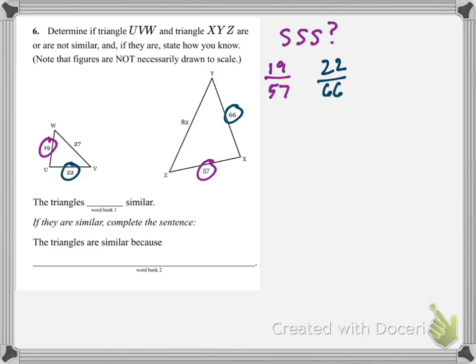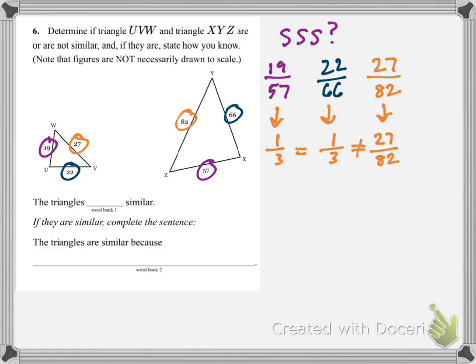And then 27 and 82. 19 over 57 is 1/3. 22 over 66 is 1/3. So far, so good. 27 over 82, I don't even think that reduces to lowest terms. I think it's just 27 over 82.